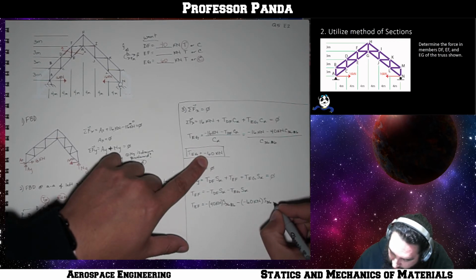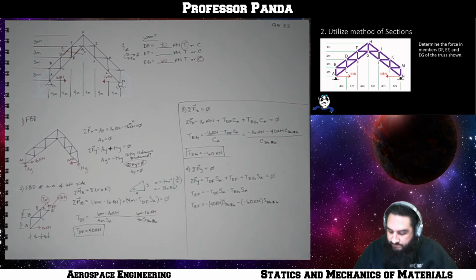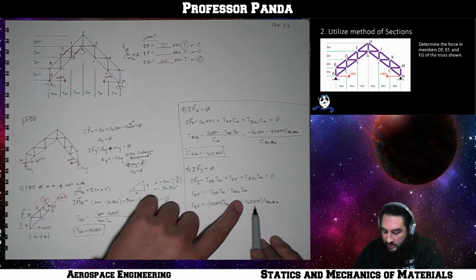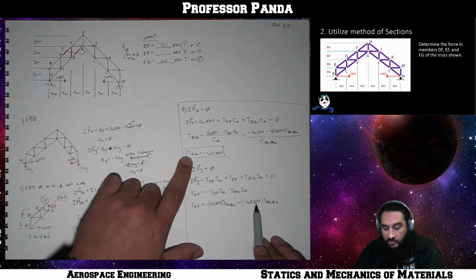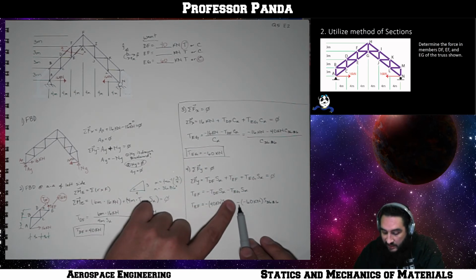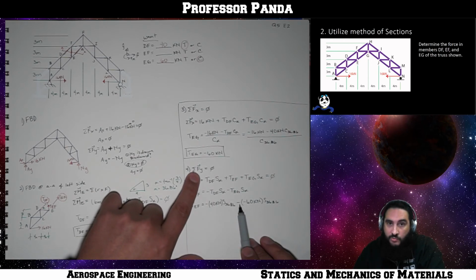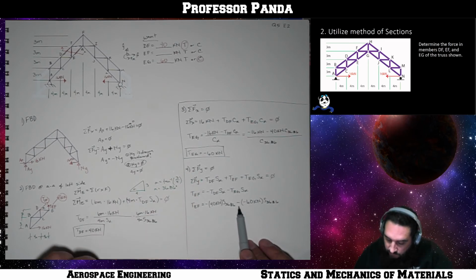Sine 36.86. Okay, so this negative 60 came from the value that is held within the variable TEG, and this negative sign came from the sum of the force in the y direction. Okay, very important, very easy to mess that up.